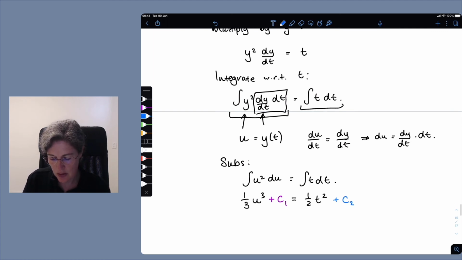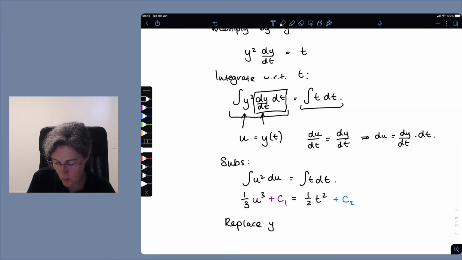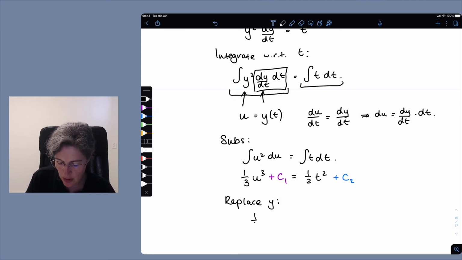plus some constant. Now ultimately we want to have a function of y, so we need to remember to substitute back in, but that's not particularly tricky here. So we replace our y. So we've got 1/3 y cubed plus c1 is equal to a half t squared plus c2.